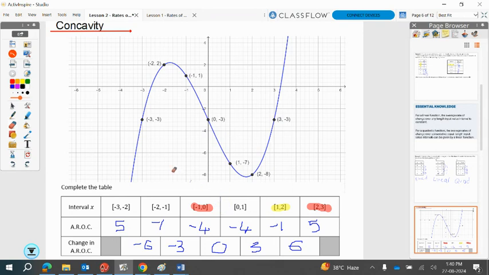What we've got is this graph from here, around here, like this, is what we call concave down.